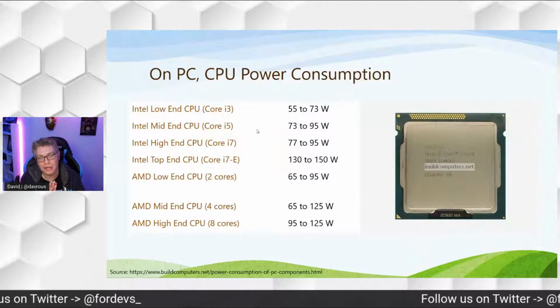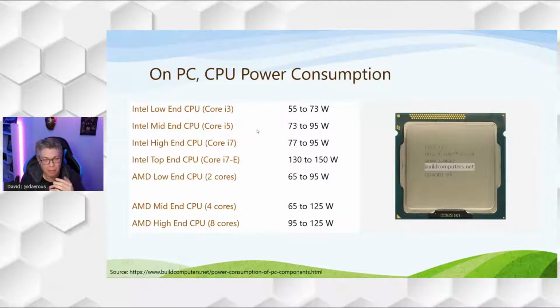Let's start on desktop. So rather PC and Mac, it's most of the time the same architecture. Based on the CPU you're going to use, if it's an i3, i7 or i9, the energy consumption will vary from 55 up to 150 watts.